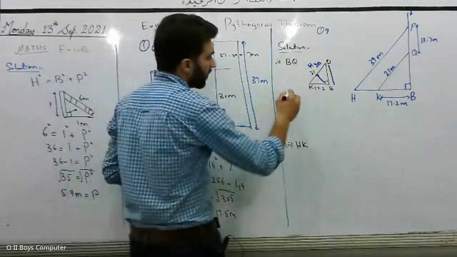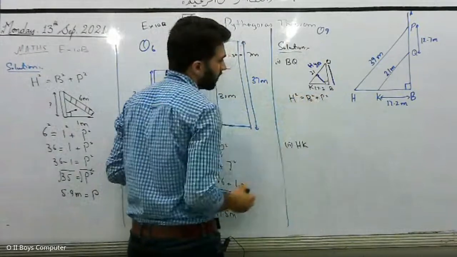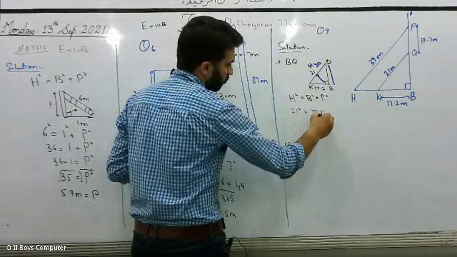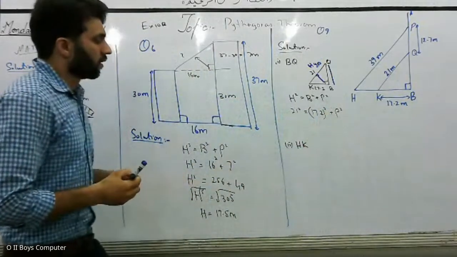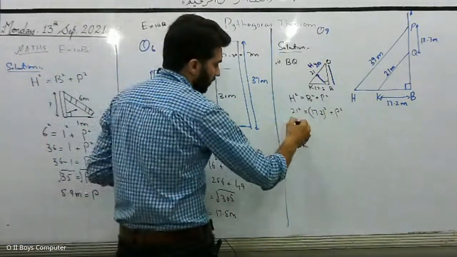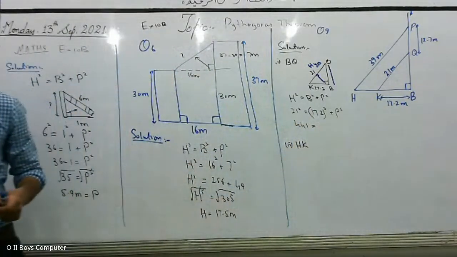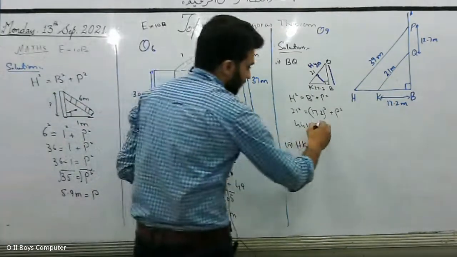So apply the theorem, hypotenuse square is equal to base square plus perpendicular square, right? So hypotenuse is 21, base is 17.2, we have to find out the perpendicular. The square of 21 is 441, and the square of 17.2, if we just find out from the calculator, is 295.8.